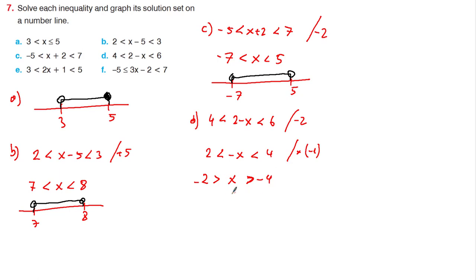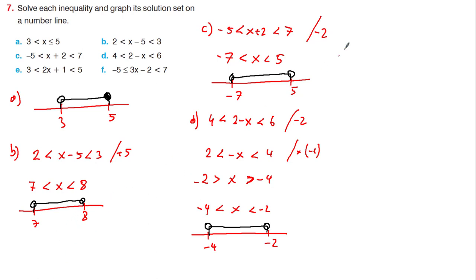This is not so convenient a way, so let's flip direction for all of these. Negative 4 is less than x is less than negative 2. Shown on the number line, negative 4 is here, negative 2 is here, and x is all the numbers from negative 4 to negative 2, excluding both negative 4 and negative 2.